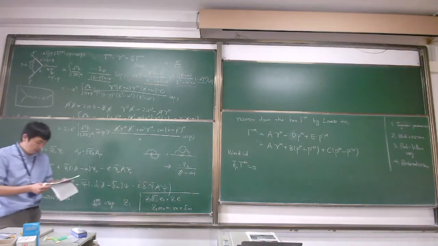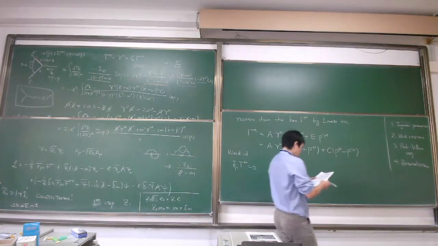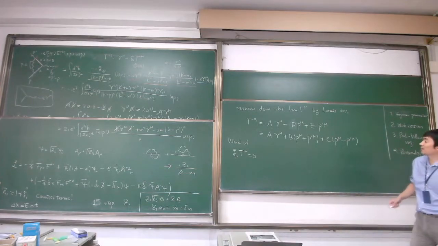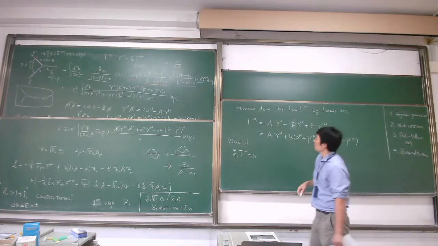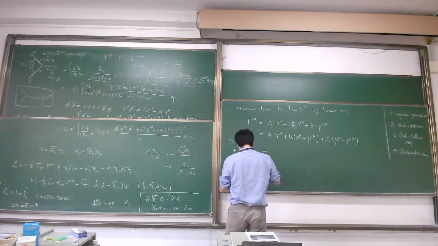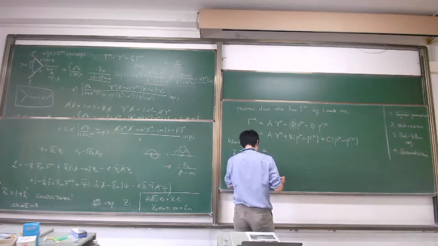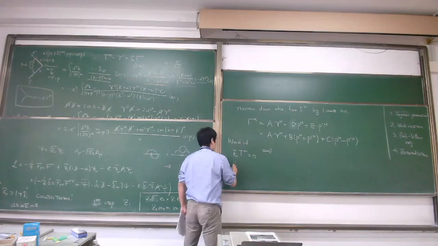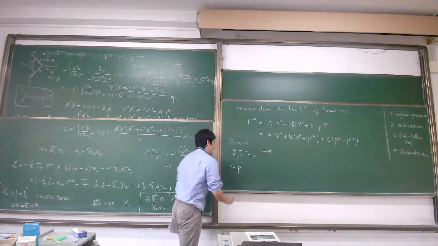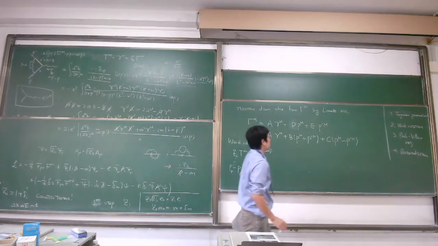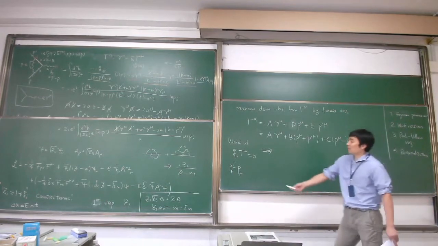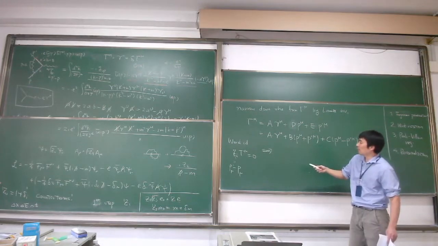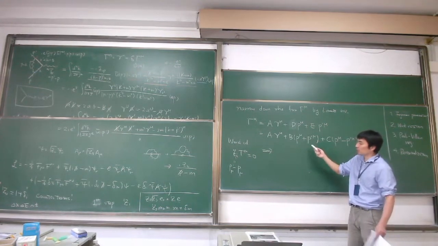So this means that C has to be 0. If you contract with q, which is equal to p prime minus p, mu and mu. So if you contract with the p and p prime terms, this is automatically 0, because it's just p squared minus p prime squared, which equals 0.